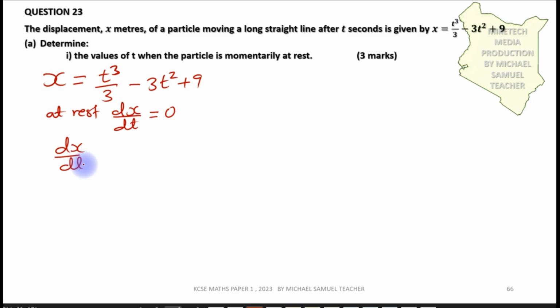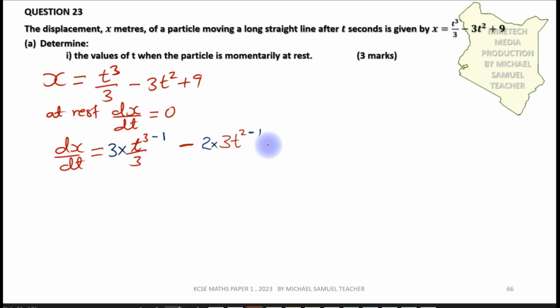So dx/dt will be given by differentiating what we have. We have t raised to 3 over 3. When differentiating, we multiply by the power and then we reduce the power by 1. Then minus the other one, we have 3t squared, so we multiply by the power, so times 2, and then we reduce the power by 1.